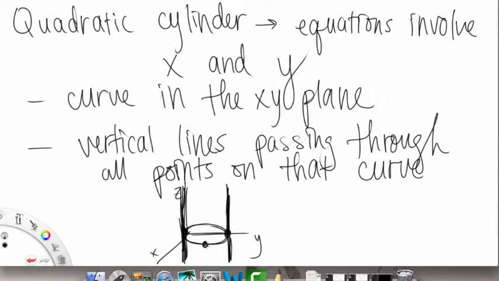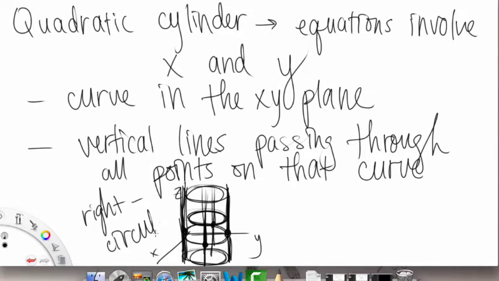How about a point here, extend it upwards and downwards, and similarly everywhere else, right? So we're basically going to obtain this cylinder which mirrors a circle going up and down in all directions, to infinity. So this is a right circular cylinder. That's the formal name for that one that I just drew.